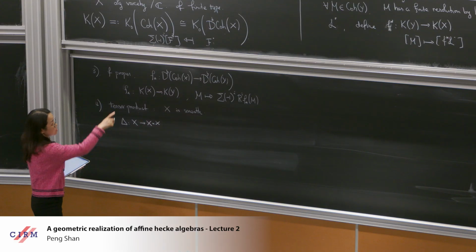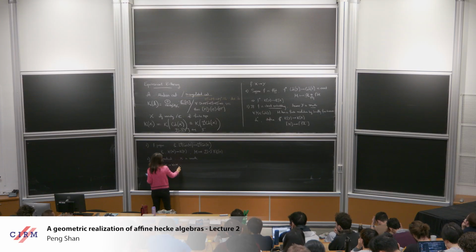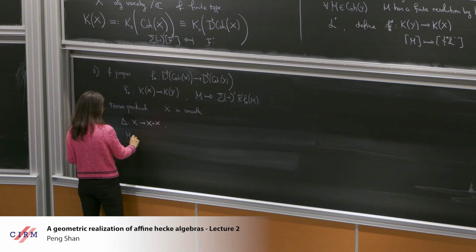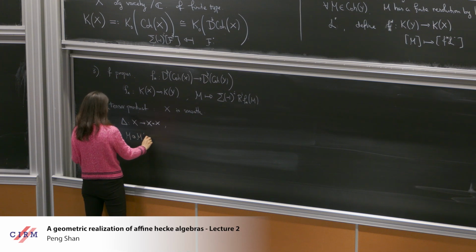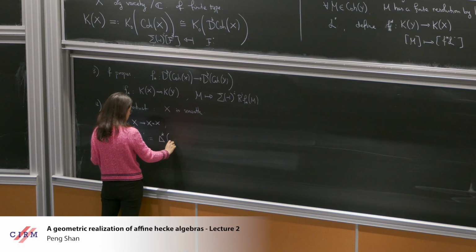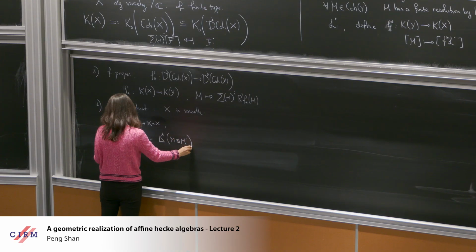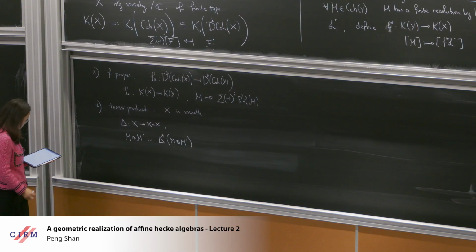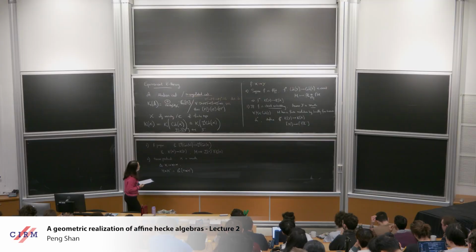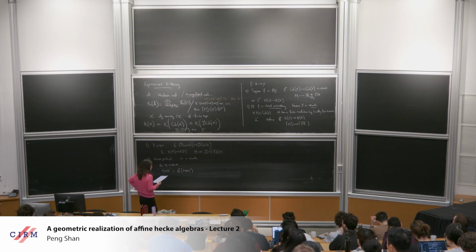So I'm in the situation of before, and I can talk about a tensor product of two coherent sheaves on X, and this is defined as the pullback of... Okay, these are the operations I will need for what I'm going to talk about.